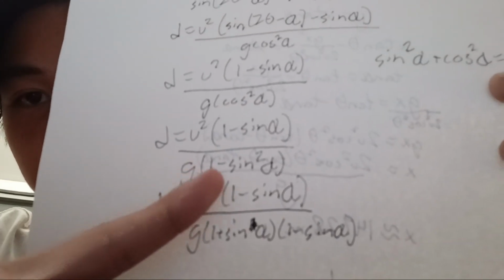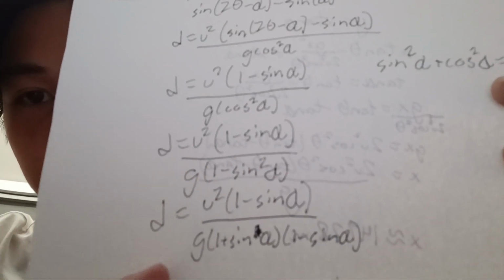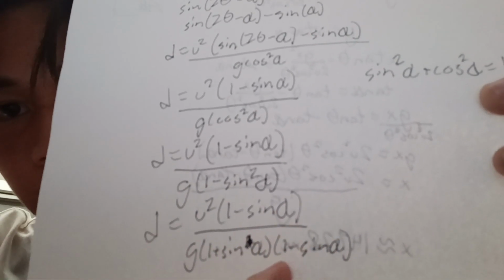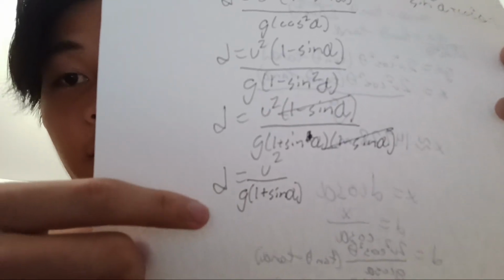And then the 1 minus sine alpha is on the top and bottom, they cancel, and so after all that, we are just left with v squared over g times 1 plus sine alpha, like this, and this is the function that we want. And then, yeah, that's it. Thank you.